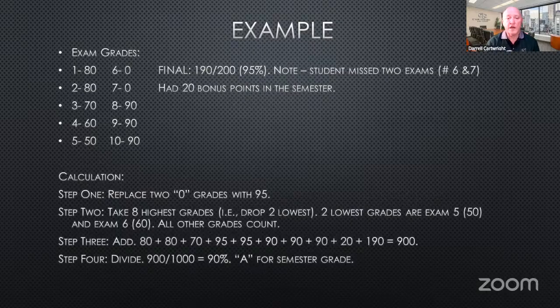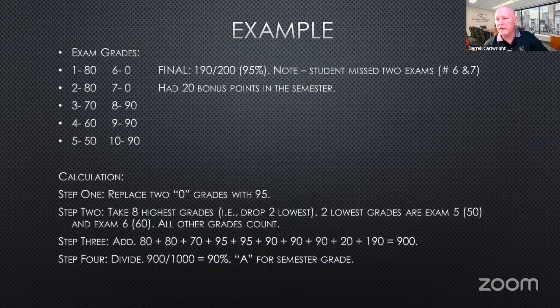Okay, well, I hope that helps, and you should be able to calculate your own grades based upon this example. Obviously, if you missed an exam during the semester, you're not going to be able to calculate your grade for the semester until after the final exam. You can't even tell where you are right now, but you can guess. You can say, well, what happens if I make a 160 out of 200, 80%?